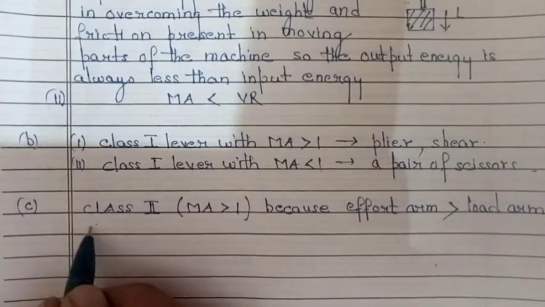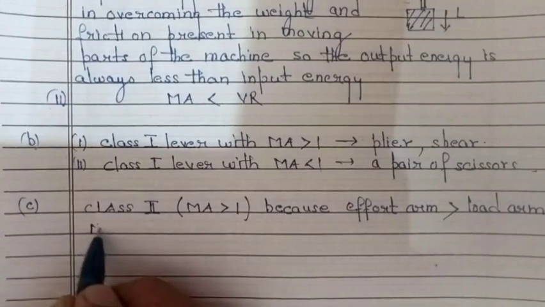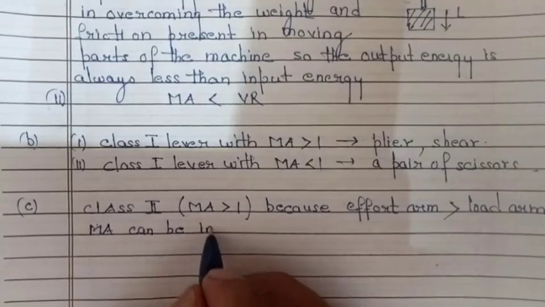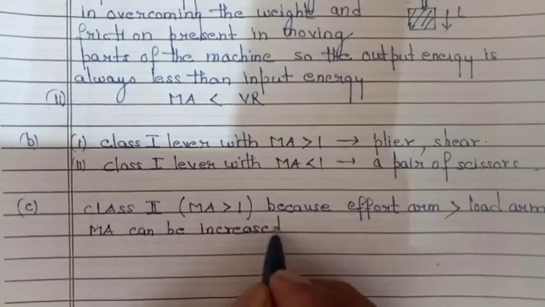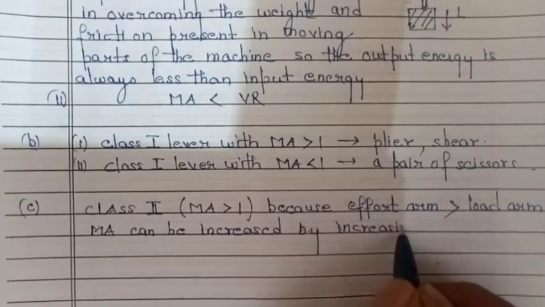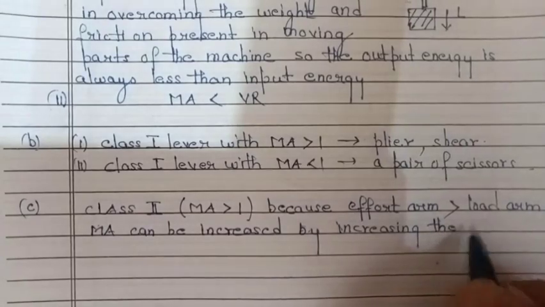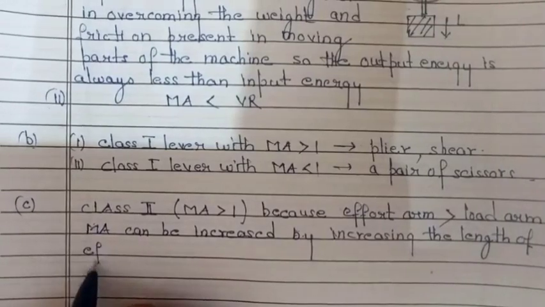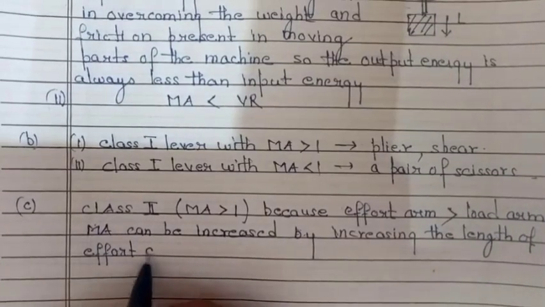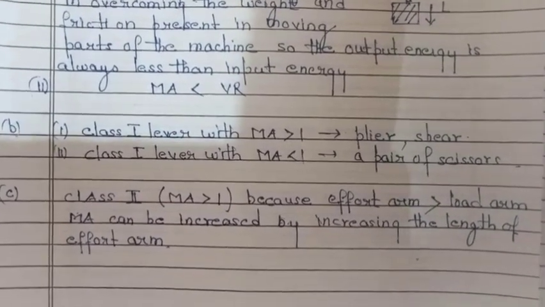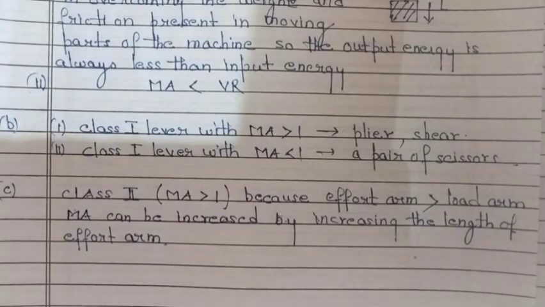So we can say mechanical advantage can be increased by increasing the length of effort arm. If we increase the length of effort arm, mechanical advantage will increase. This is clear to you now? Okay, now moving on to the next question.